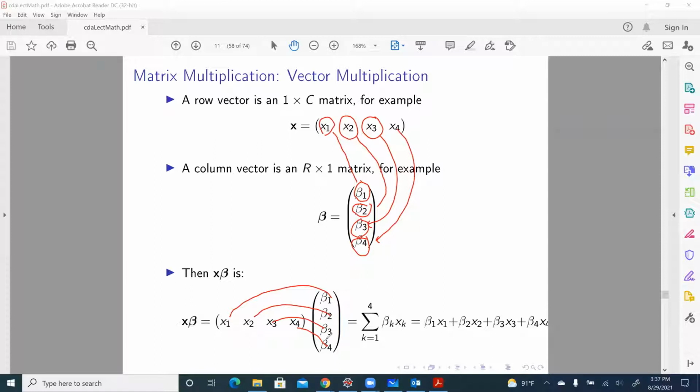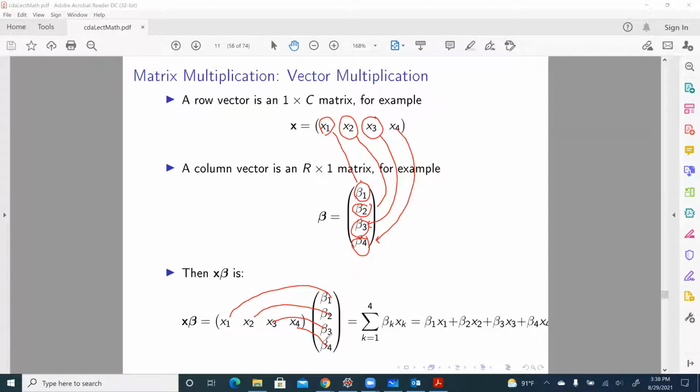Otherwise, it is what is called a non-conformable operation, okay? So the number of columns in the first matrix, that is this multiplicand, has to be equal to the number of rows in the multiplier, the second matrix.